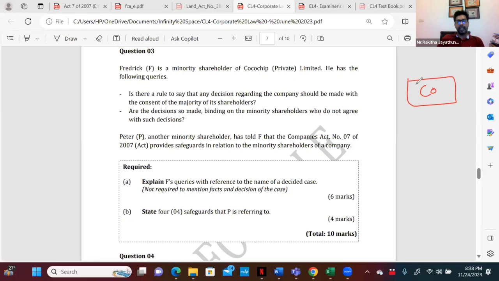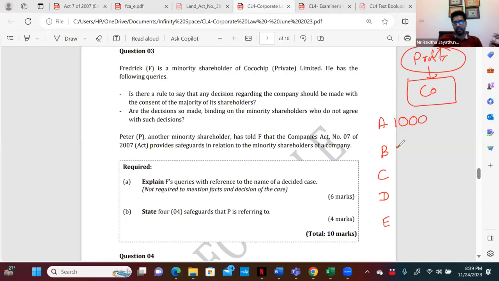That is because a company is incorporated to generate what? Profits. To generate profits. Let's assume this company has 5 shareholders, A, B, C, D, and E. Let's assume A has bought 1,000 shares.